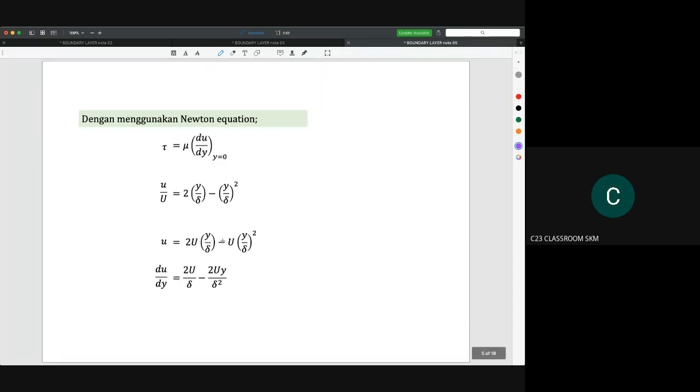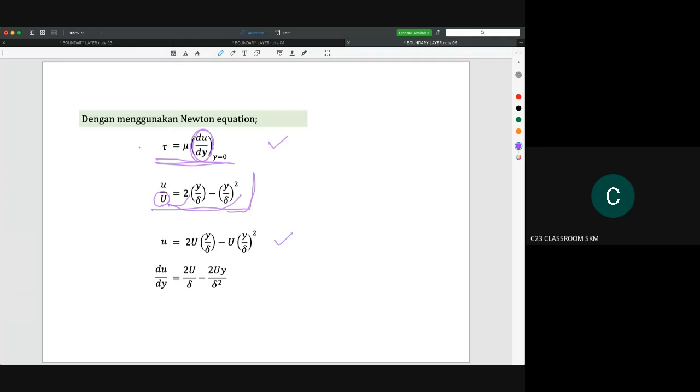Then we solve for the shear stress by using Newton's law of viscosity. Tau is equal to mu du dy at y equal to 0. We need to solve this first. This is u over U, and we bring the U from the left side to the right hand side, so we have u equals 2Uy over delta minus Uy over delta square.